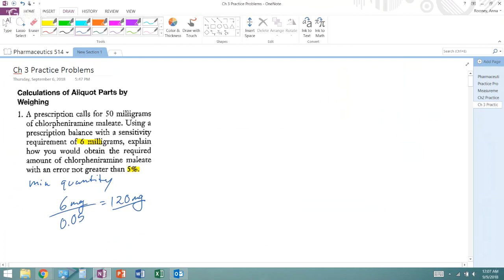So to find the aliquot, we take our minimum weighable quantity and then take away the amount that we are going to use, which is 50 milligrams. And we find out that that is 70 milligrams.